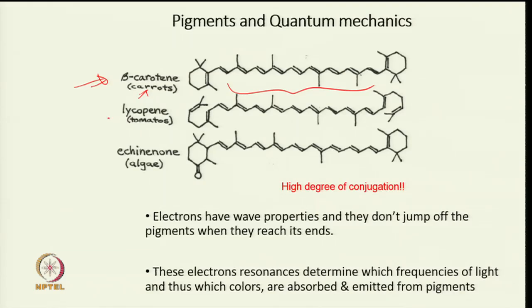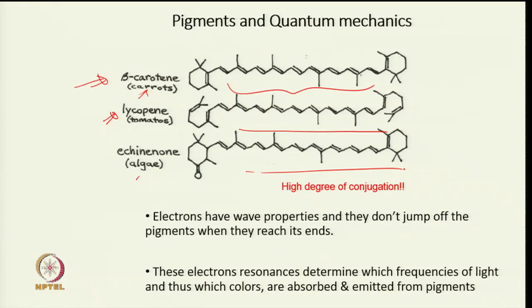In tomatoes you have lycopene and its structure is given here, and in algae there is equinone, and here is the conjugation. You can now see that there is a high degree of conjugation in this compound, and that basically results in color.